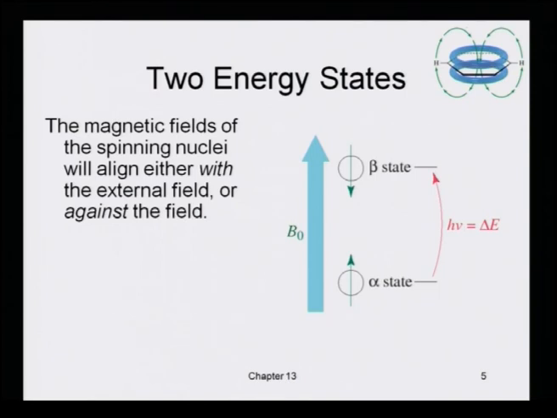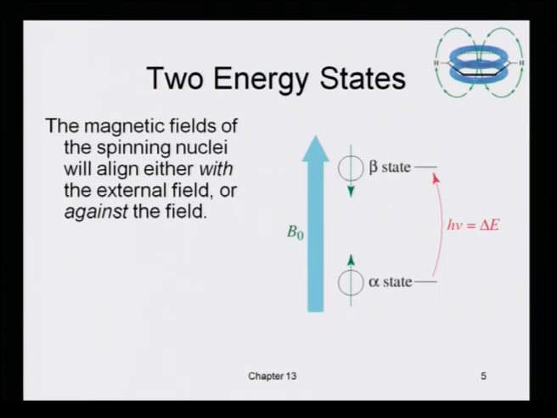To be able to understand what these two energy states are, let us systematically look at every feature of NMR spectroscopy. What actually is the origin of creating these two different energy states? The magnetic field of the spinning nuclei.